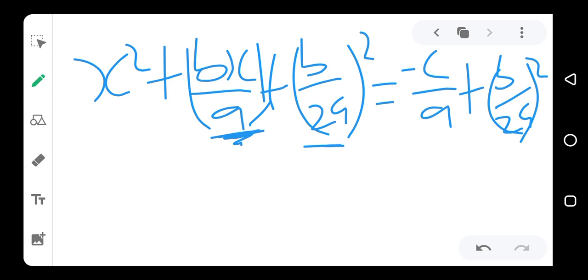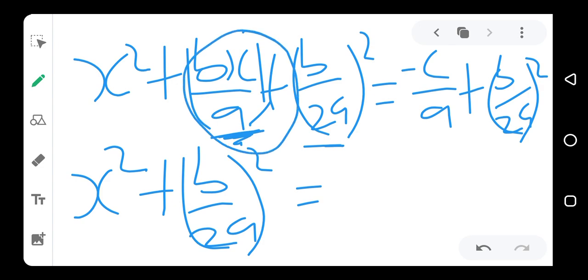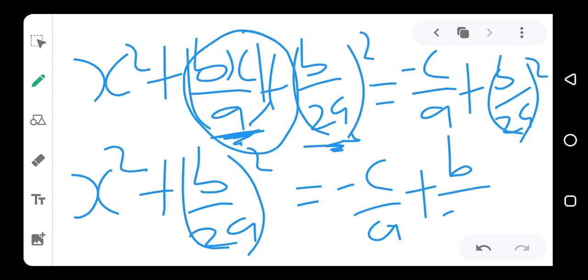So it becomes x squared plus b over 2a squared is equal to minus c over a plus b over 2a everything squared.